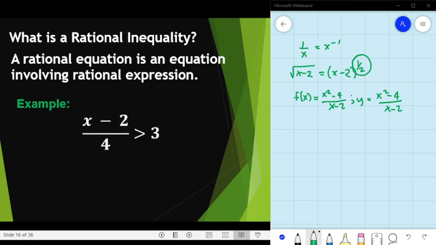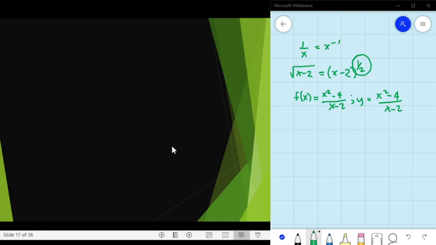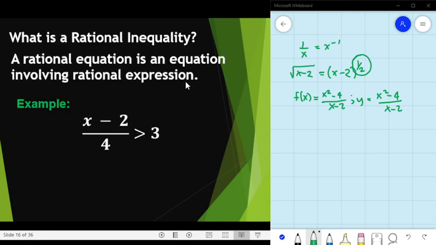Example, we have x minus 2 all over 4 is greater than 3. Notice the presence of an inequality symbol. Therefore, we can say that it is a rational inequality.